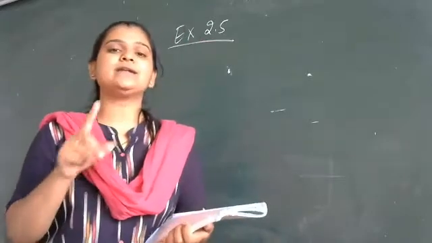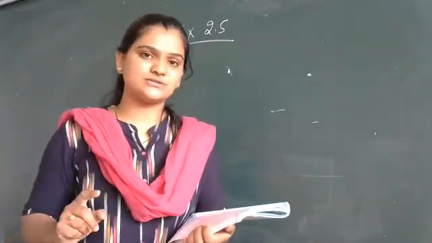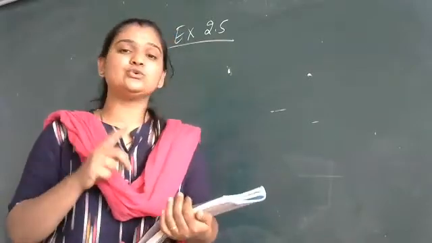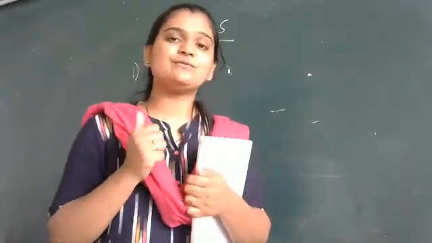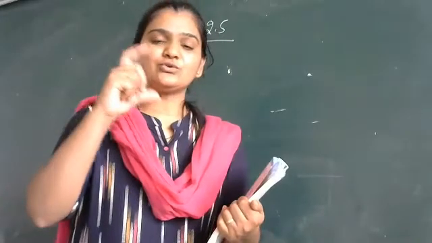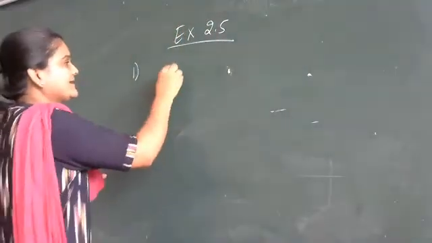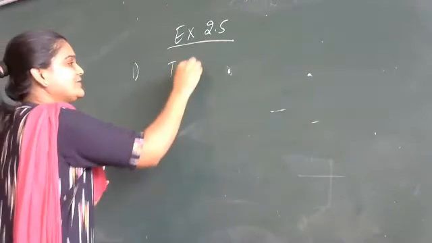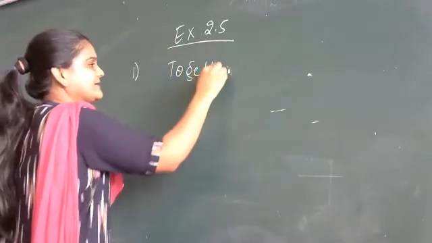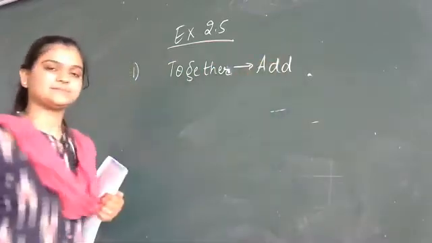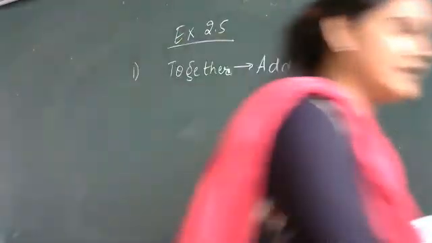His brother has 245 mangoes. Together, how many mangoes do they have? Children, what will you do to find this? Here, together. The word together means what? You have to add. Together means do addition. Is it clear?